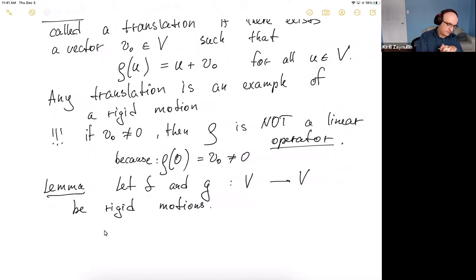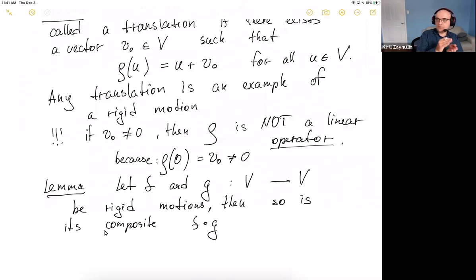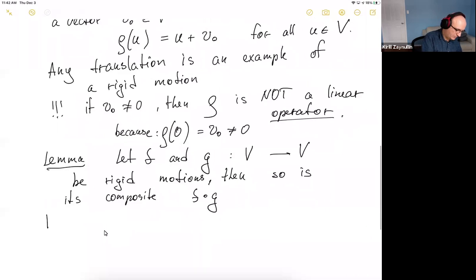Okay, so let f and g be rigid motions, then so is their composite, f composed with g. Yes, so that's clear. Basically what you do, you first apply g, you move by g, and then you move by f. Of course, if you do these two movements, you also get a movement, right? Well, however, we can formally prove this also.